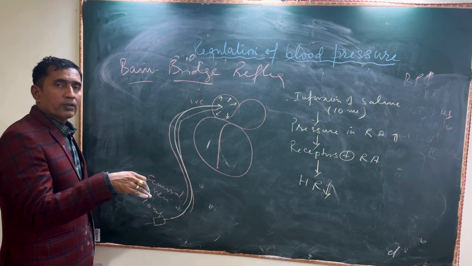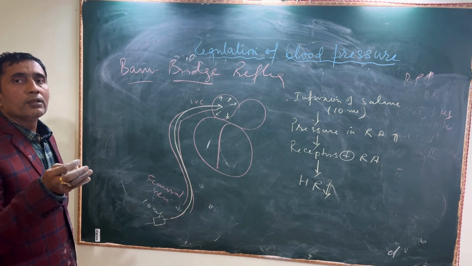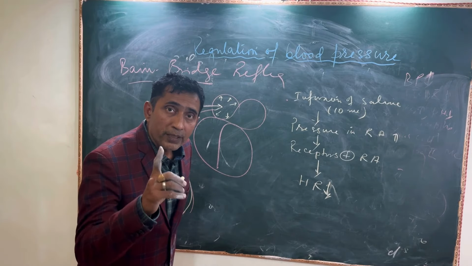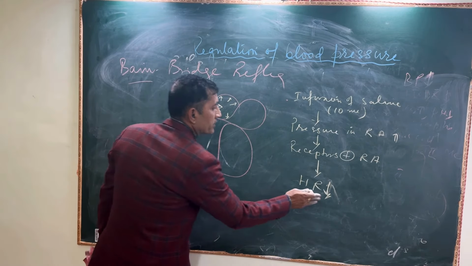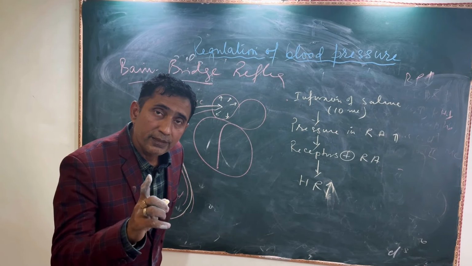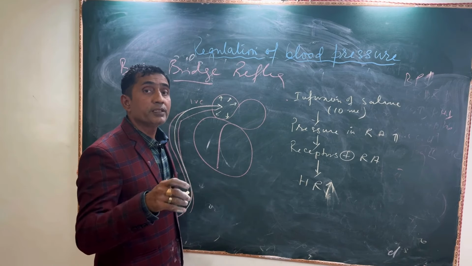In case of a decrease in heart rate, there is a stimulation of vagal efferent, and in an increase in heart rate, there is a stimulation of sympathetic efferent. Again, that depends upon the initial heart rate.